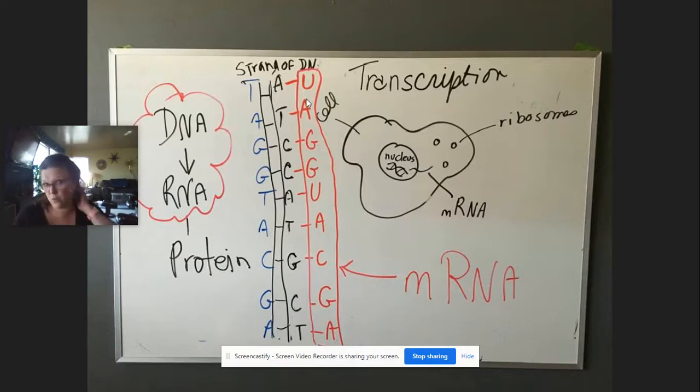Now remember, its DNA is much, much longer than 9 base pairs, but that's all I need to deal with right here. Okay, so we have this mRNA and it's traveling out into the cytoplasm, into the ribosomes.